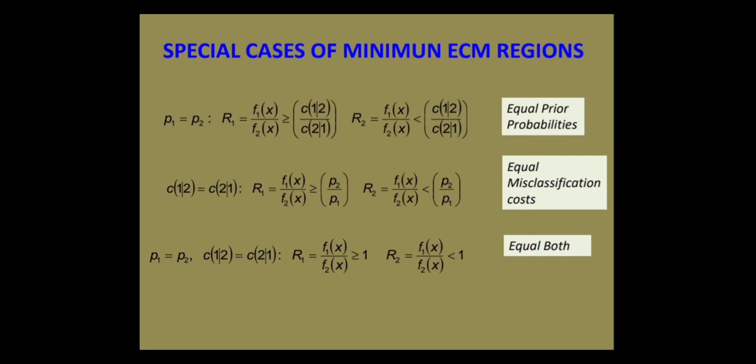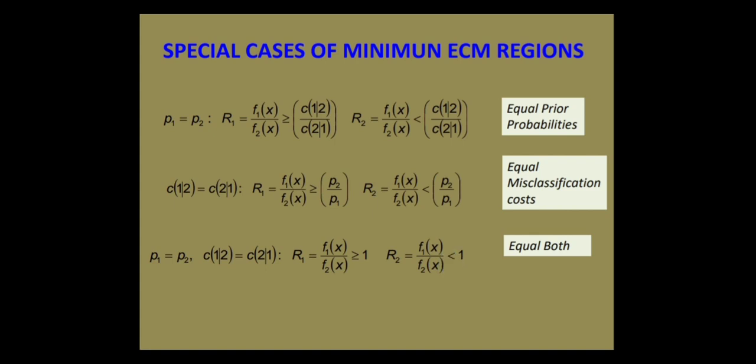And lastly, if the prior probability is equal and the misclassification is also equal, the formula of region to get the region will be this one saja. Untuk dapatkan region 1 will be more than 1. The region untuk R2 less than 1.